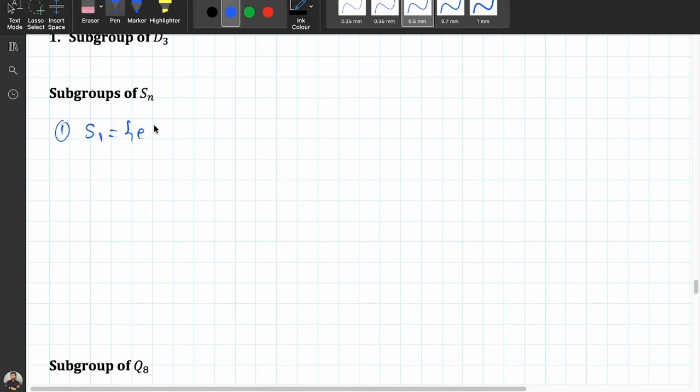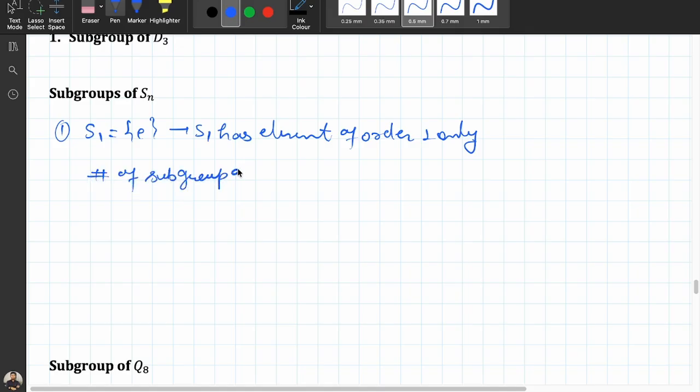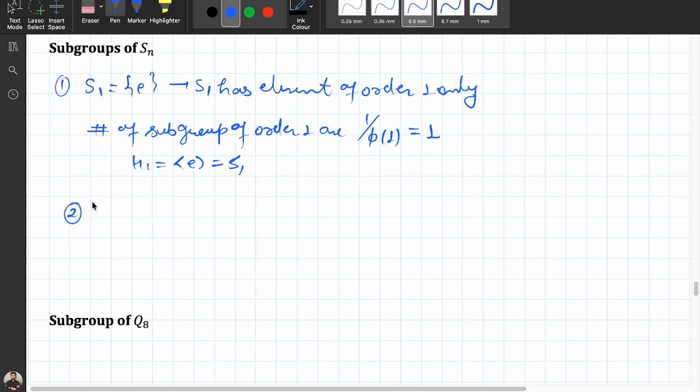S1 is identity. Okay, so S1 has an element of order 1 only. So it means what? The number of subgroups of order 1 is phi 1. How many elements of order 1 are there? Only 1, and that is known as the identity. Simply I will write identity or itself, S1. Okay, next S2.